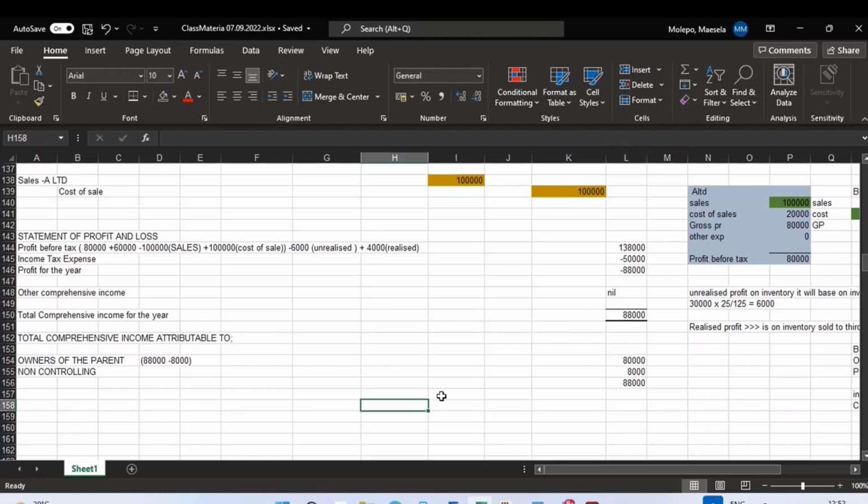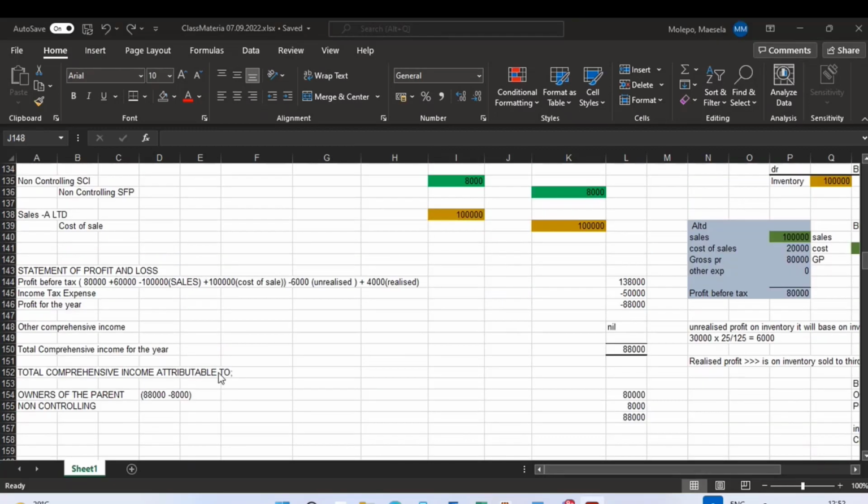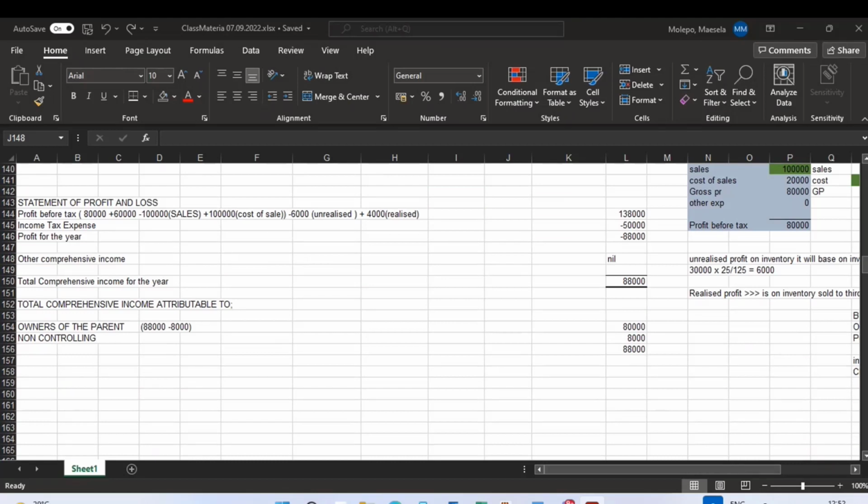Okay, then we're going to have the statement of changes in equity.